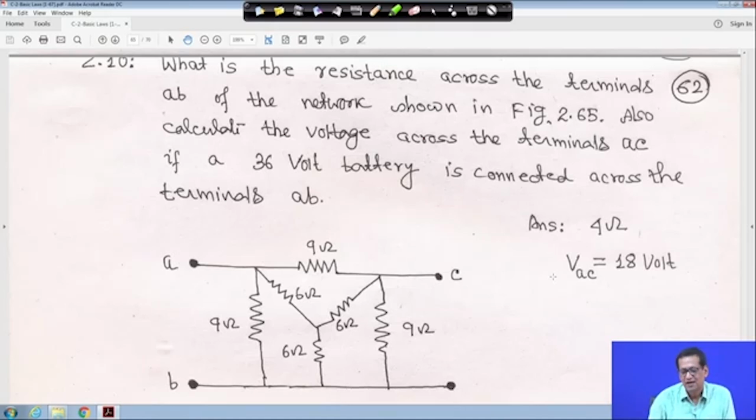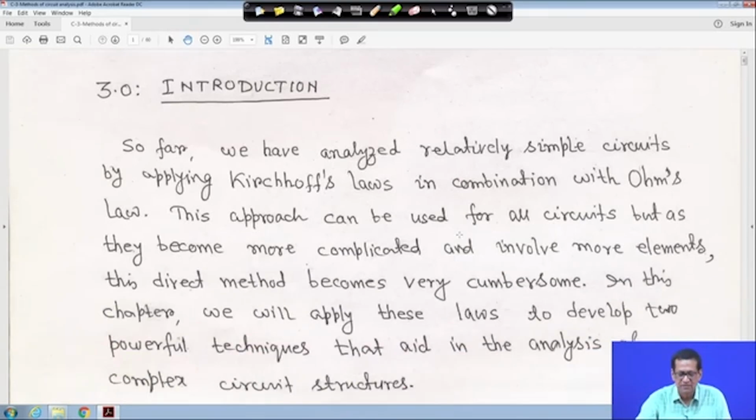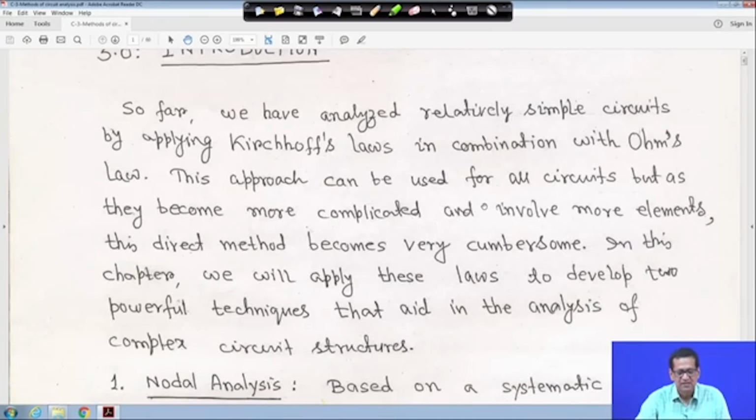With this, the chapter is closed. Next we will go for methods of circuit analysis. So far we have analyzed relatively simple circuits by applying Kirchhoff's laws, KCL and KVL, in combination with Ohm's law.